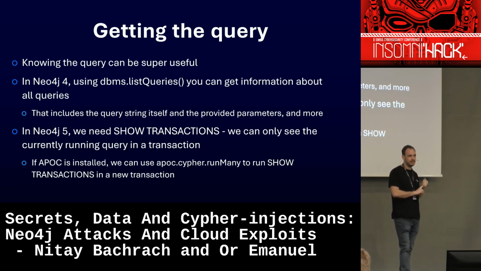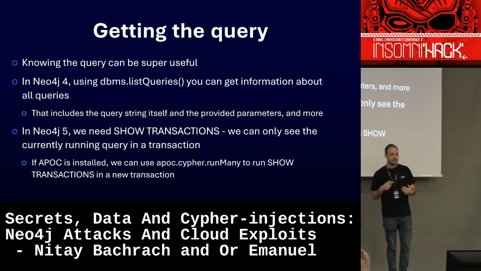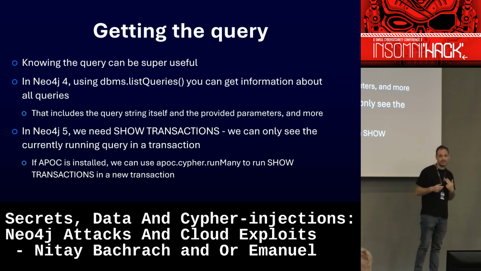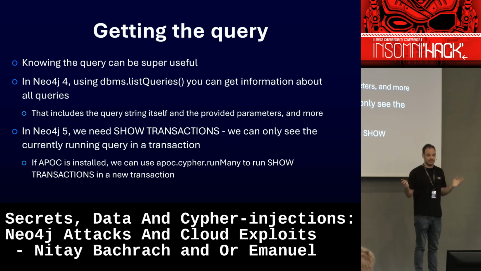So if I use apoc cypher run, which doesn't create a new transaction, it would return show transactions, which is not an interesting query. It's the one I called, and there's no data there. But because run many creates a new transaction, it would now return 2 rows: show transactions, but also the one that called it, which is what the application actually called, and that's how we can get the query.